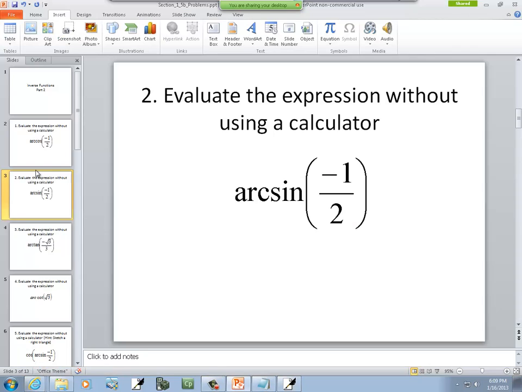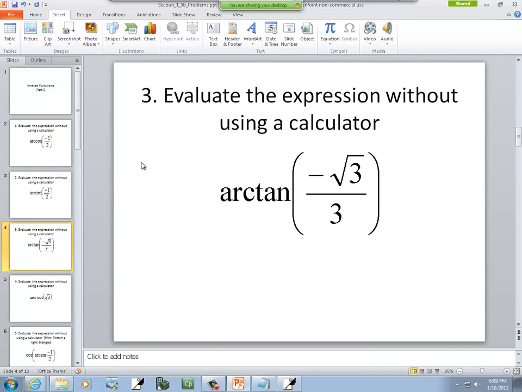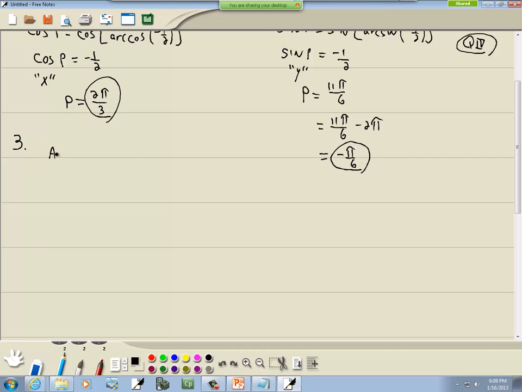Okay, number 3. We've got arc tangent of negative square root of 3 over 3. Again, set it equal to a variable, so set it equal to p. And we'll go ahead and take tangent on both sides.